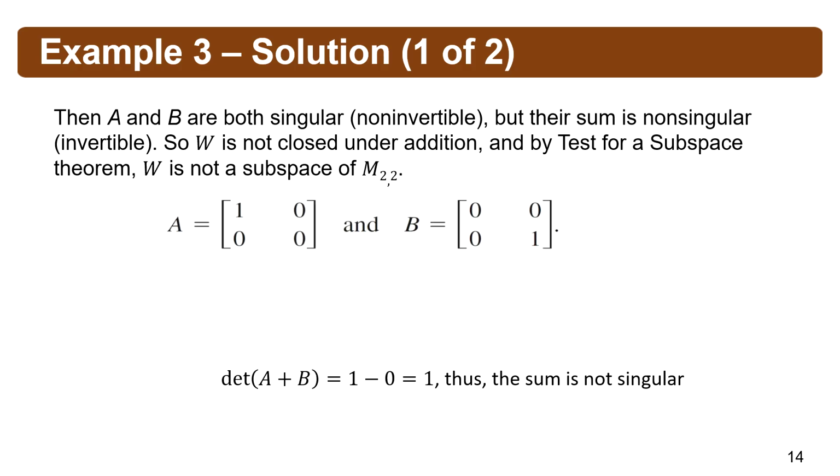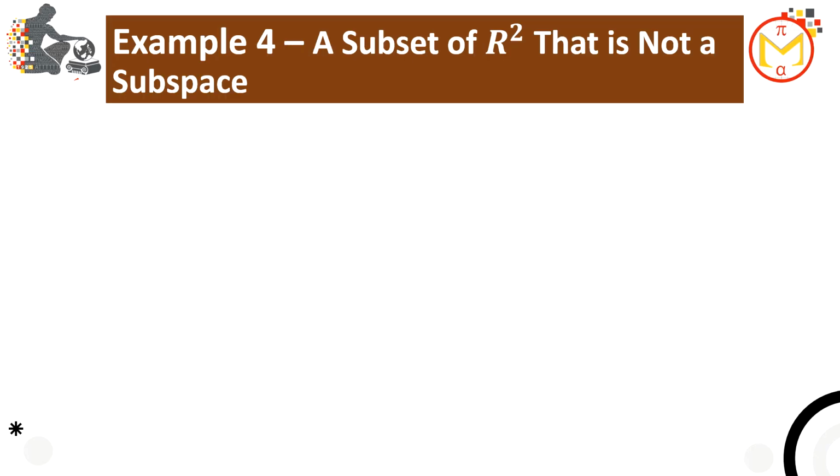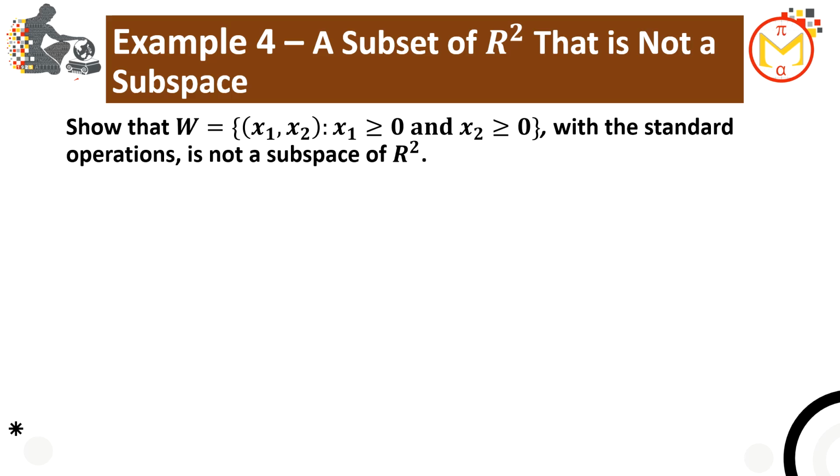Again, if we do addition. So this is example number 4, a subset of R squared that is not a subspace. Let us consider W, equal to x sub 1, x sub 2, where x sub 1 and x sub 2 are both positive real numbers, with standard operations.